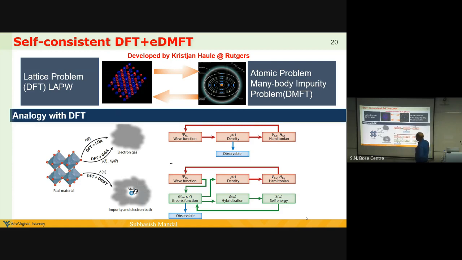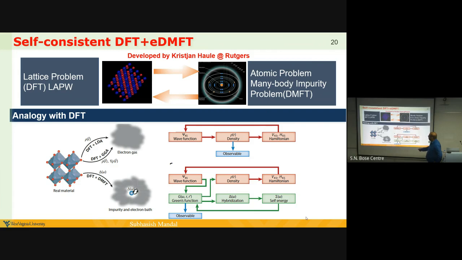And if you want to really compare with DFT, as I was saying, in DFT you are mapping every point in the real crystal to an electron gas problem, to density.